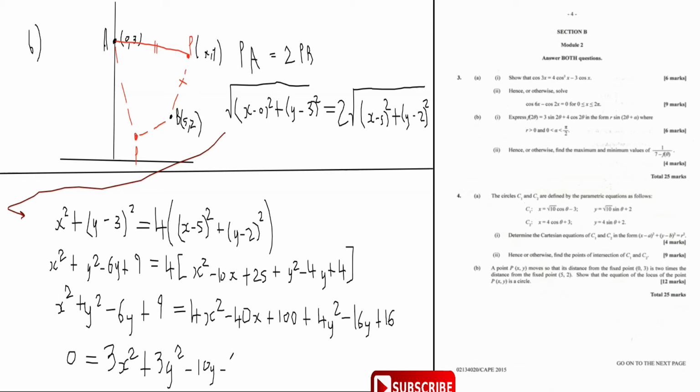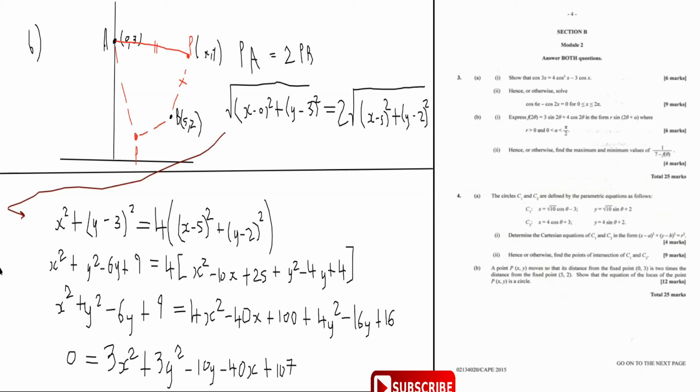Then I put back the minus 40x. All right. And then I have 9 over here, so I'm going to subtract 9 from both sides. But I have 100 plus 16, which is 116. Then I subtract 9. So this becomes 107. Over here, that becomes plus 107. And that's equal to 0.